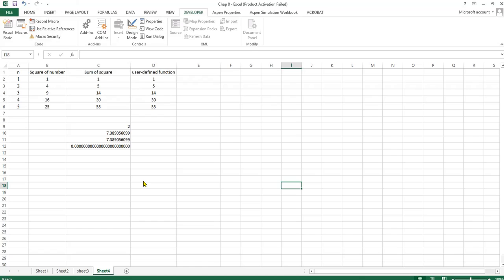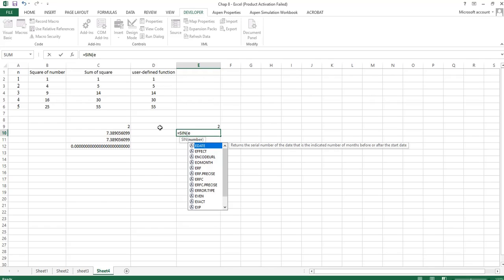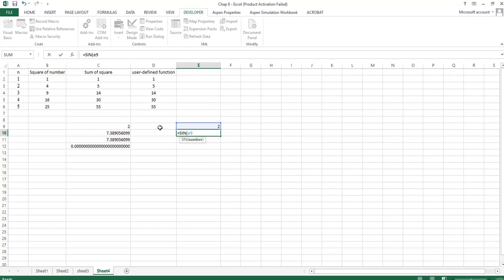Let's assume the value of x is 2. The inbuilt function is SIN, bracket open, press the tab key, you select the cell E9, bracket close, enter.